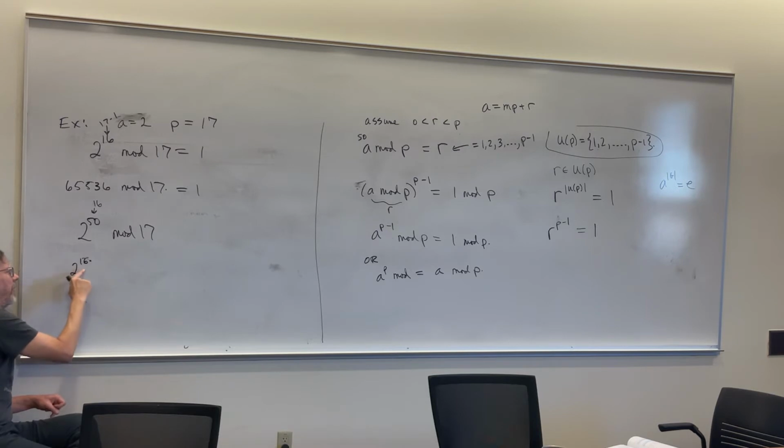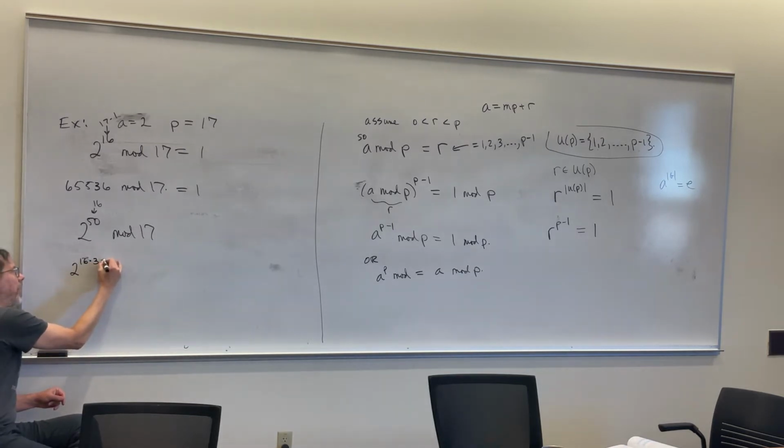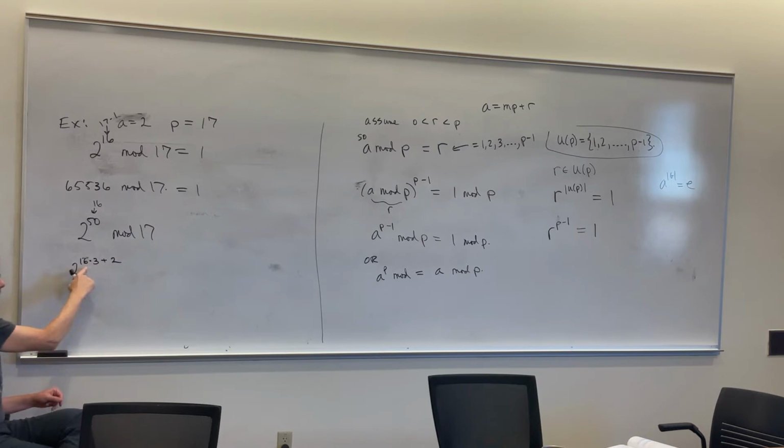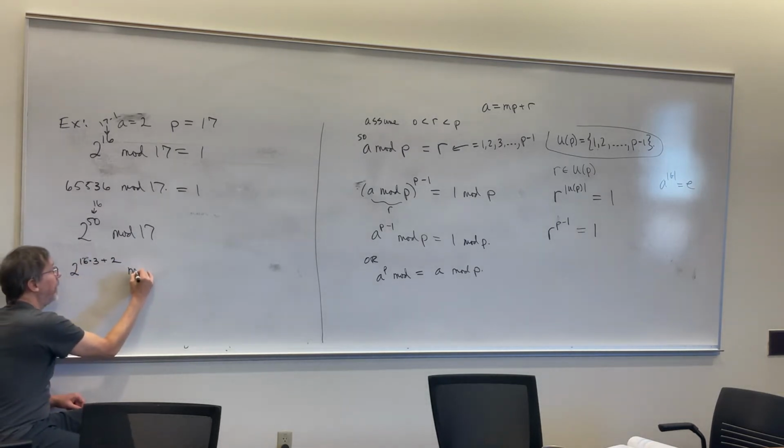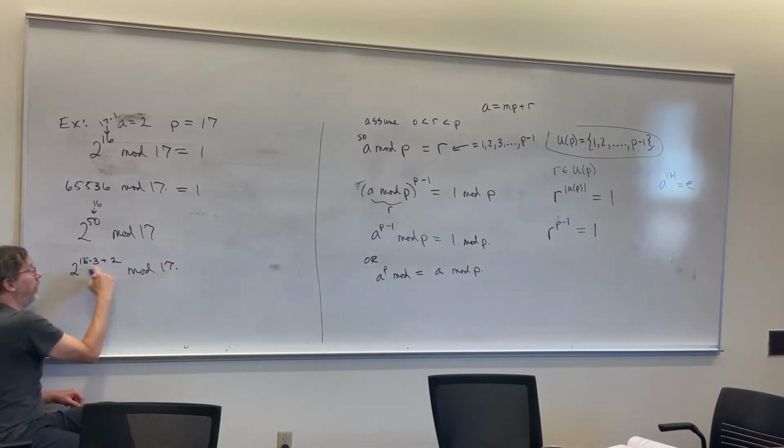I think we can make it a little cleaner, but you're on the right track. How many 16s go into 50? 3. And what I have left over is 2, that's 48 plus 2. So you're totally on the right track, just using the exponent laws to rewrite that.